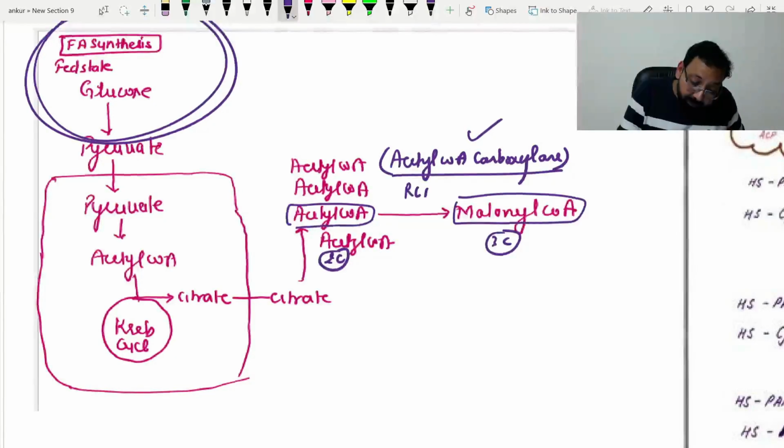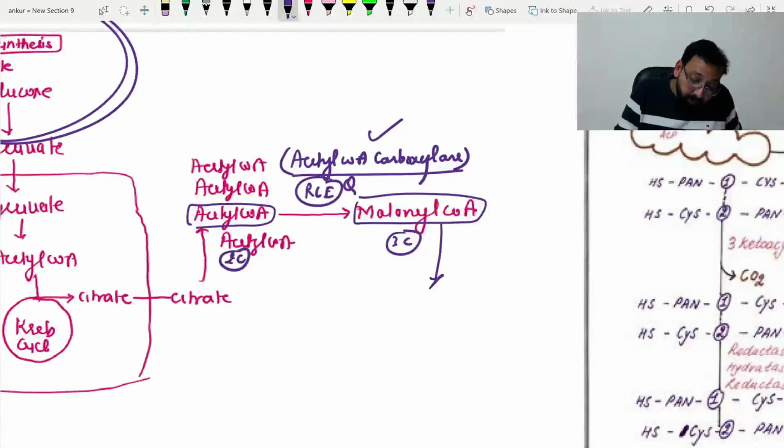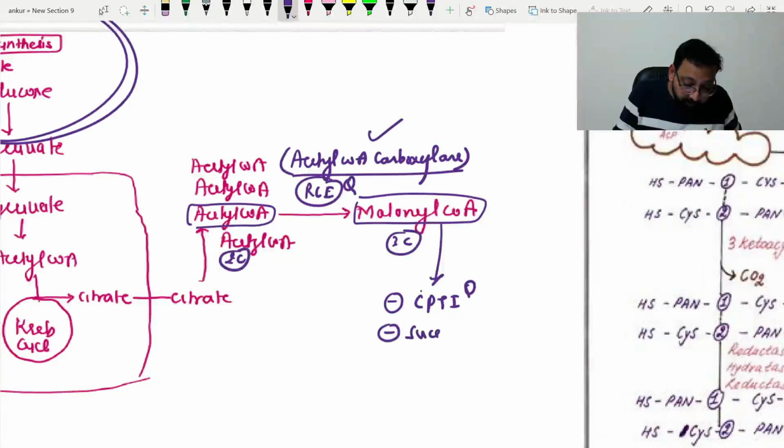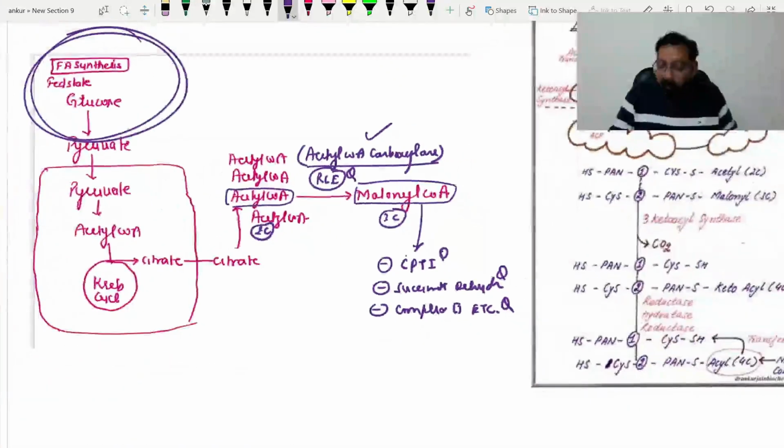This is the rate limiting enzyme, a recently asked question. Malonyl coenzyme A is an inhibitor of CPT1, a question. Is it an inhibitor of succinate dehydrogenase, complex II of the electron transport chain? A question. What is CPT1? I will discuss shortly.